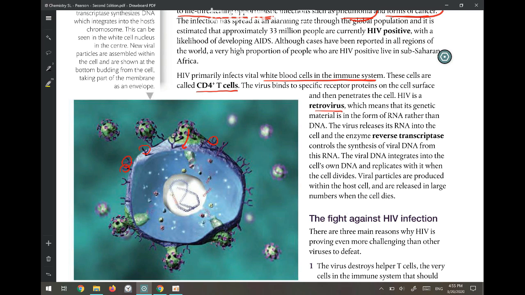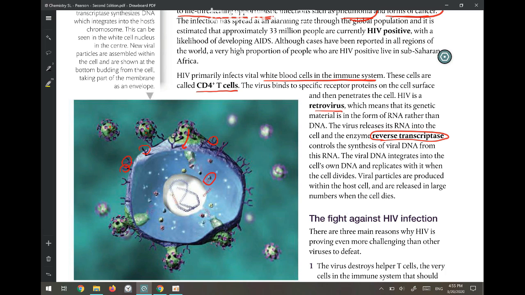The virus carries an enzyme which we call reverse transcriptase for making DNA from its RNA. So the virus contains this enzyme and brings it into the cell with itself. This enzyme makes the DNA. So this is the second part of the life cycle of the virus.